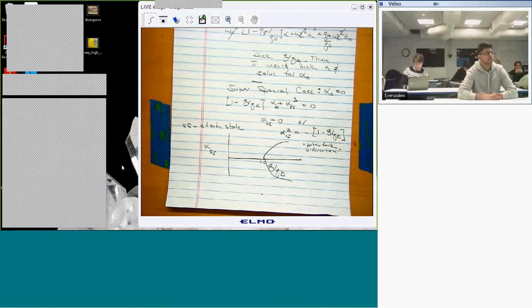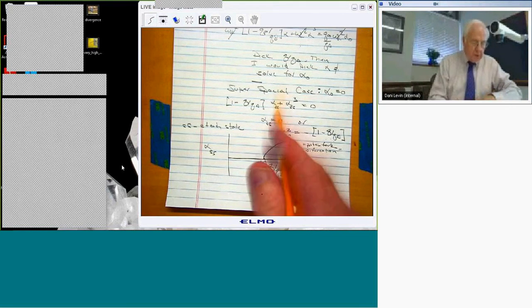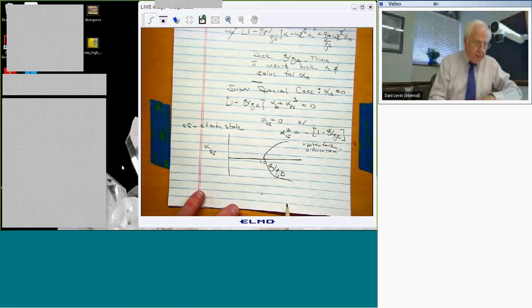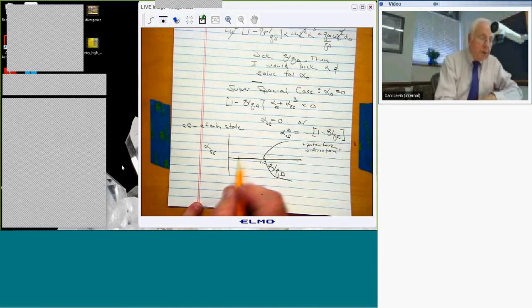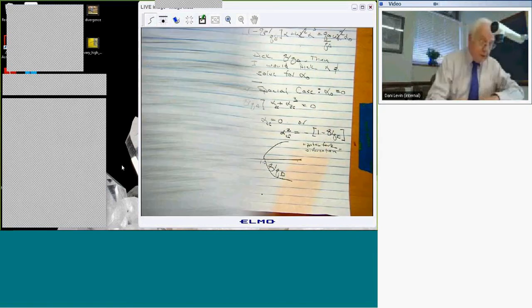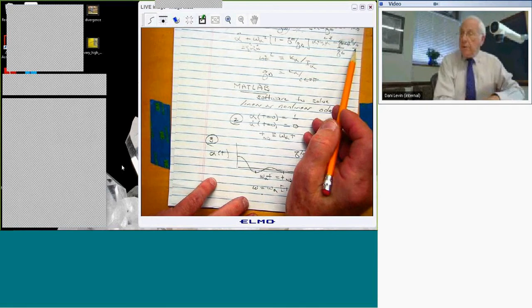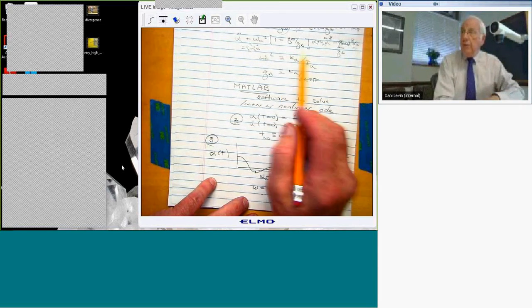Now, if alpha naught is not 0, you can work it out. But here's what you find. If alpha naught is not 0, let's go back to this equation. Even though alpha naught is a constant, this equation still has to balance at time t equals 0.